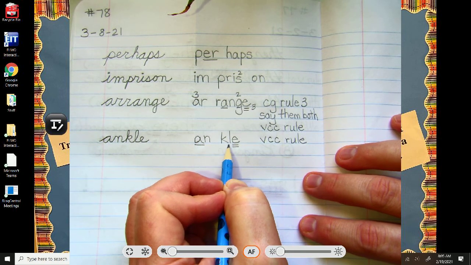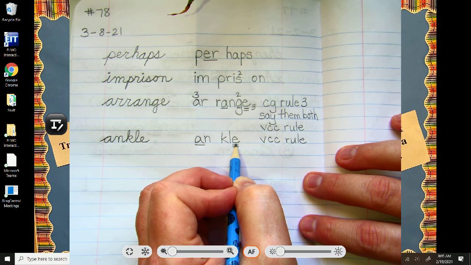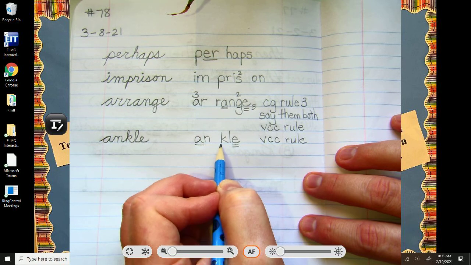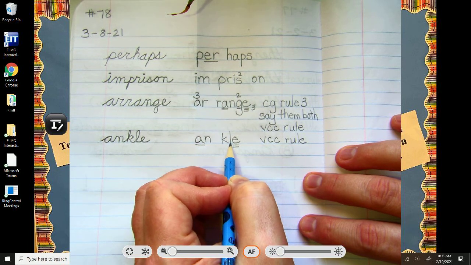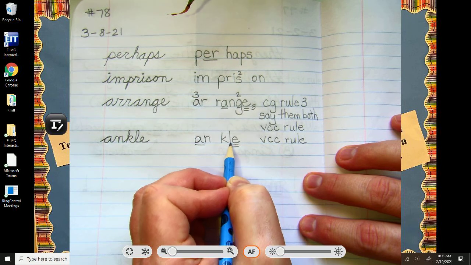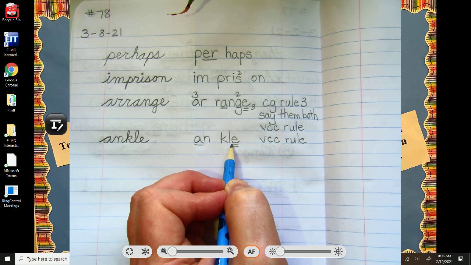We don't have a vowel consonant silent e, so not the VCE rule. We don't have a v or a u in front of the e. We don't have a c or a g in front of the e, so it's not VU Rule 2 or CG Rule 3. So scholars, that leaves us with need one more, Rule 4, and no job e.